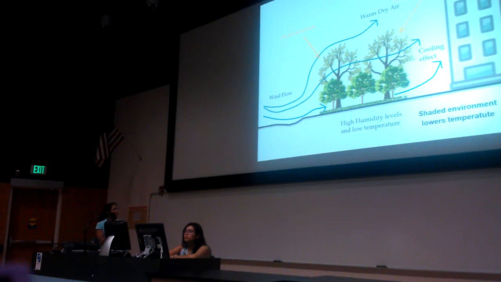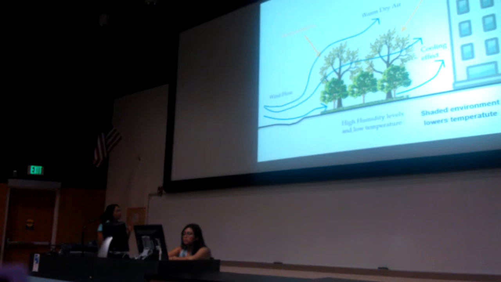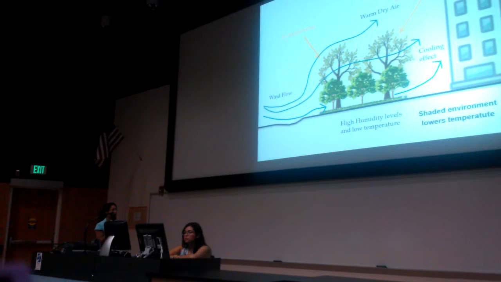With this final layer, we see how the landform helps to redirect wind in the direction we desire. It will make warm, dry air rise up into the atmosphere, and it will cool the wind that will flow through it and create a cooling effect on the building or on pedestrian levels.